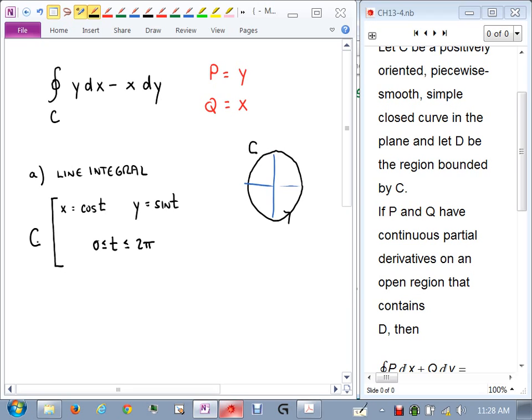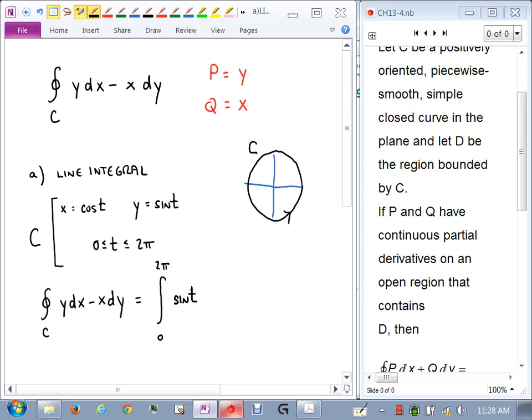So this line integral up here becomes two integrals, right? The first one, I go from 0 to 2 pi. I need to put in y, right? What's y for us?